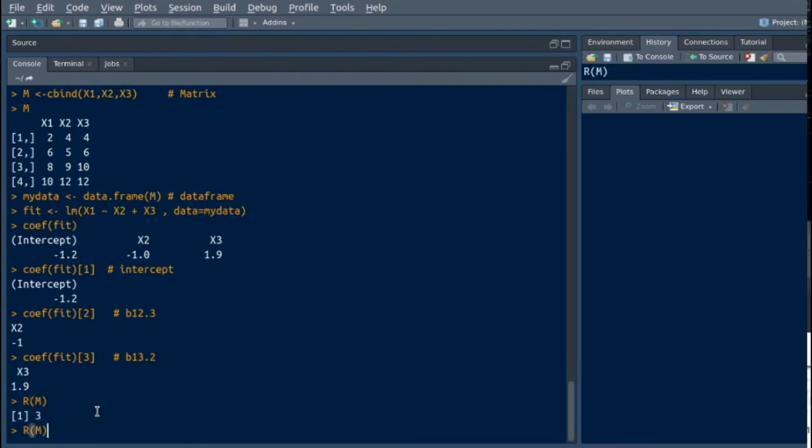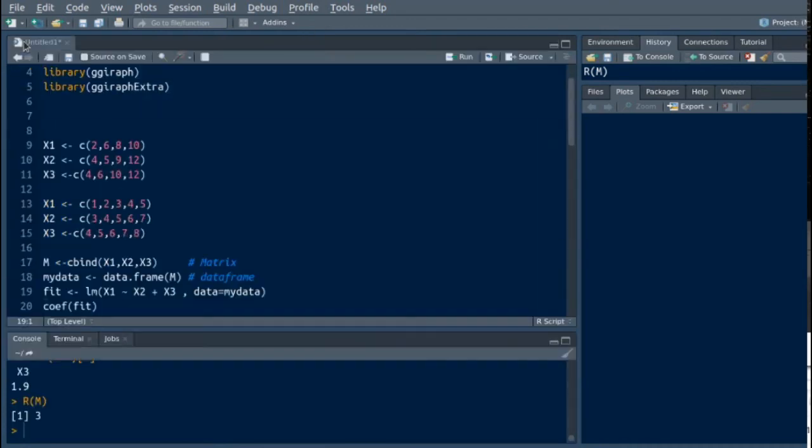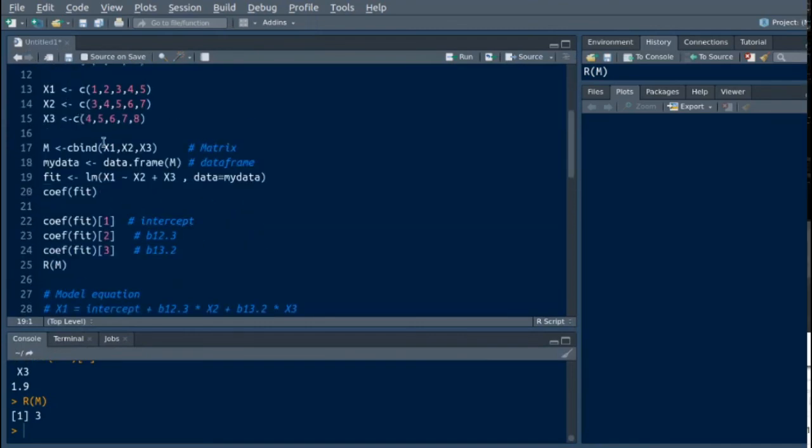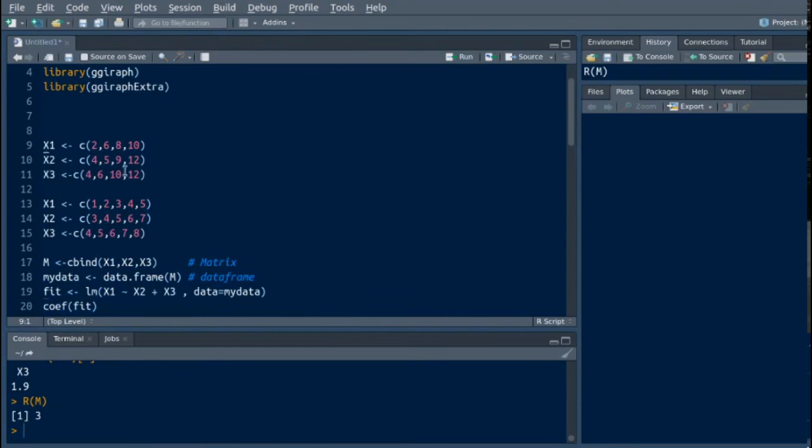So the rank is 3, and we have 3 variables, and the rank is 3. That's the reason you're not getting strange results.